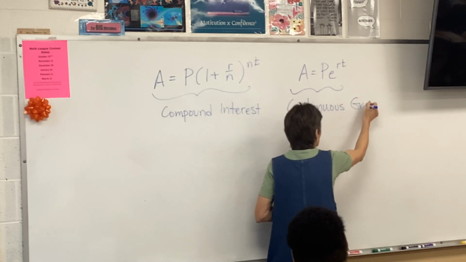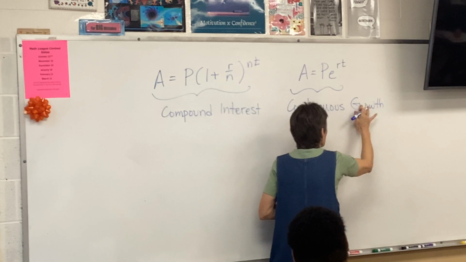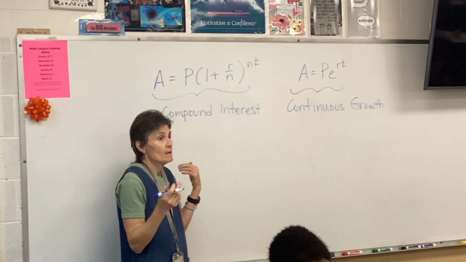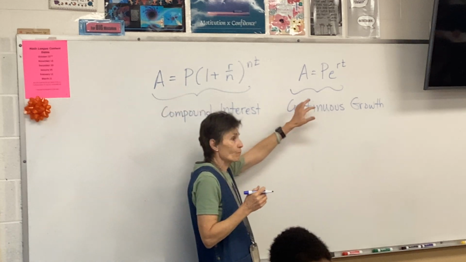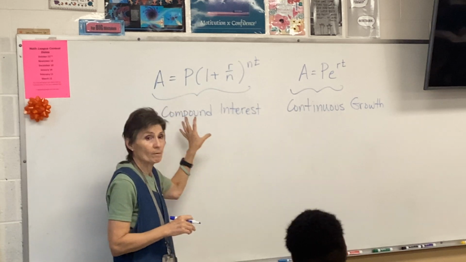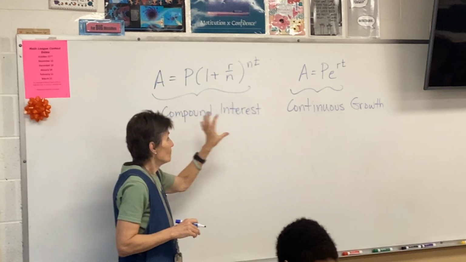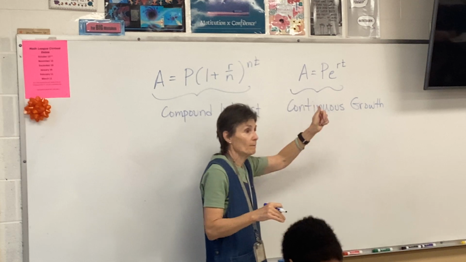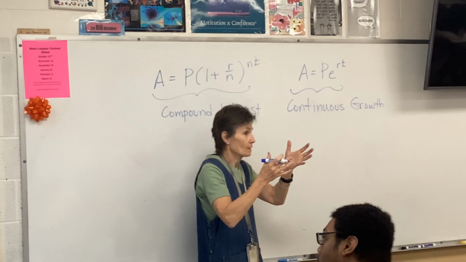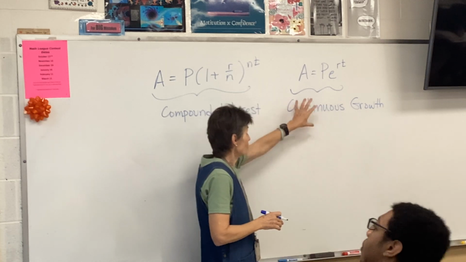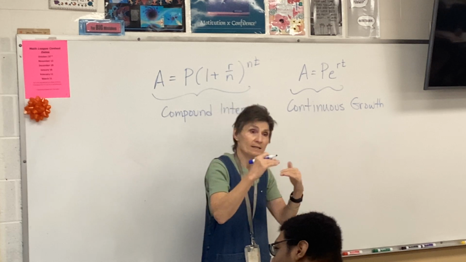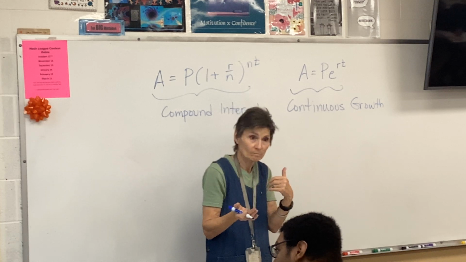This one is continuous growth. So both of these formulas involve things growing, but this one is for all kinds of continuous growth, not just money. This formula is only money. This one will be used, we're going to do some problems with bacteria populations. They'll be growing. We can also use this formula for radioactive decay, because decay is just negative growth.